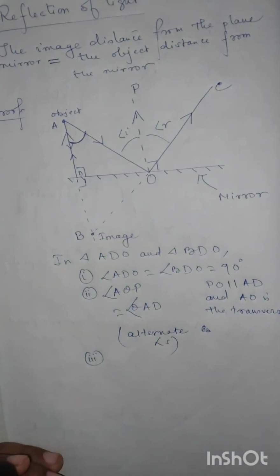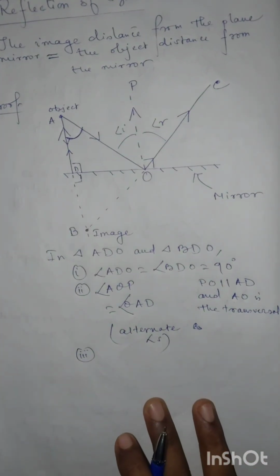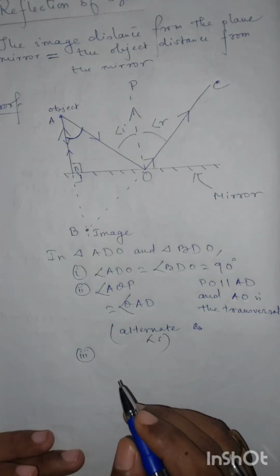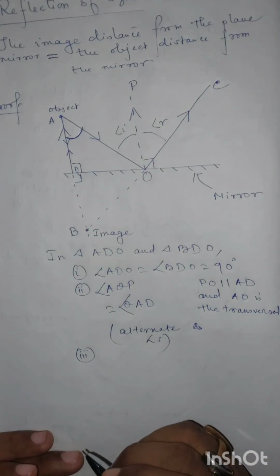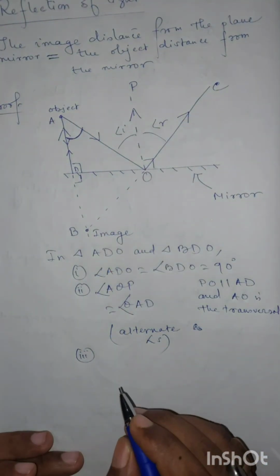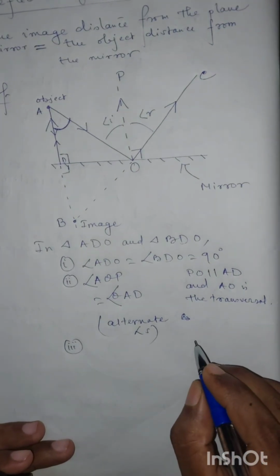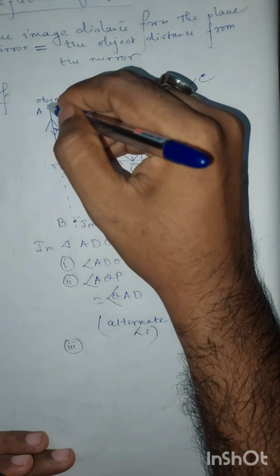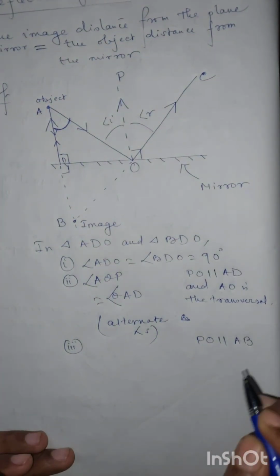Number 3, again we can say this is a perpendicular and this is another perpendicular. That means PO should be parallel to AB. Why?